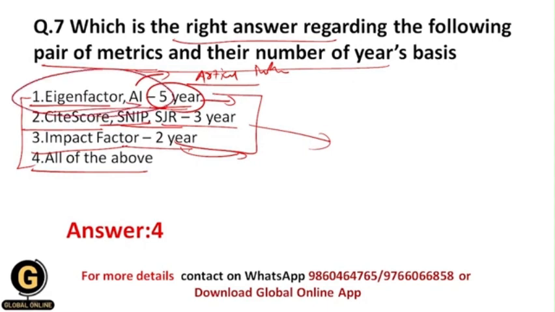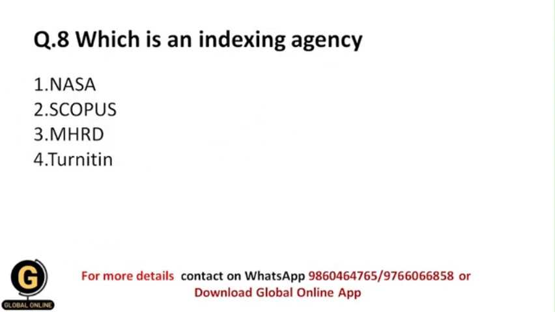Basically this is the definition of these journal metrics. And again, by the definition of CiteScore, SNIP and SJR, they track the citations for the preceding 3 years, and again this is correct. Impact factor 2 year is also correct, and everyone knows it, and that's why your correct answer should be 4.